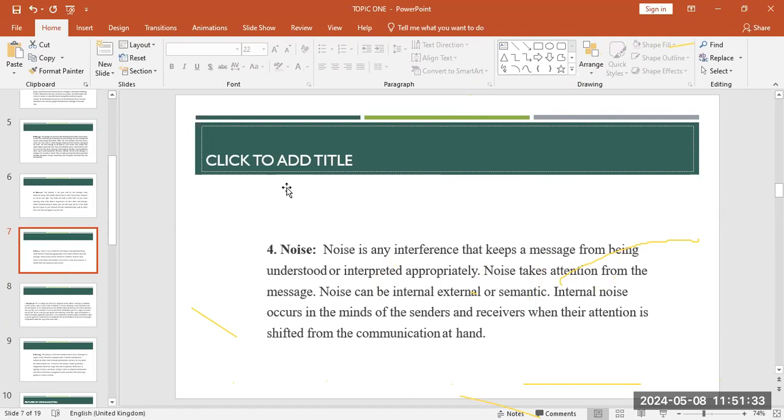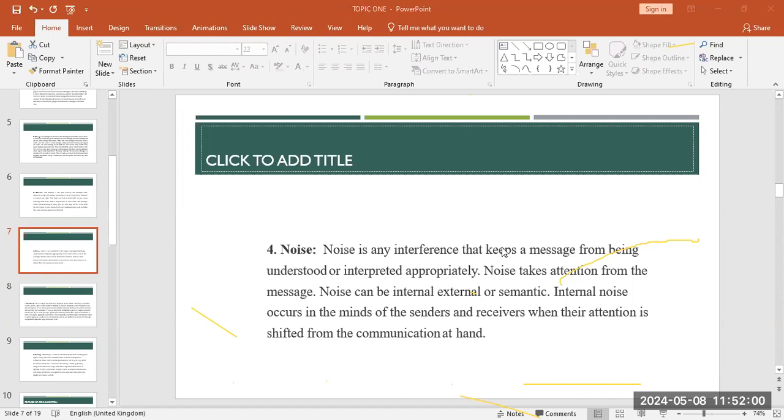So when you're communicating to that person, there are connection problems. That one we call mechanical noise.